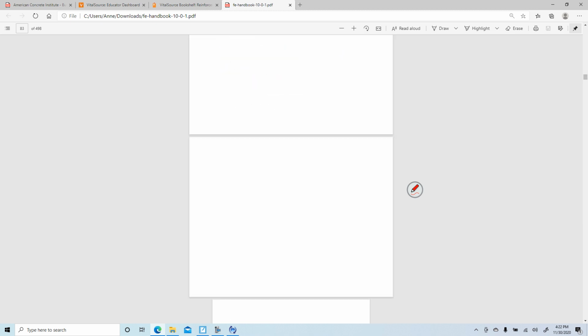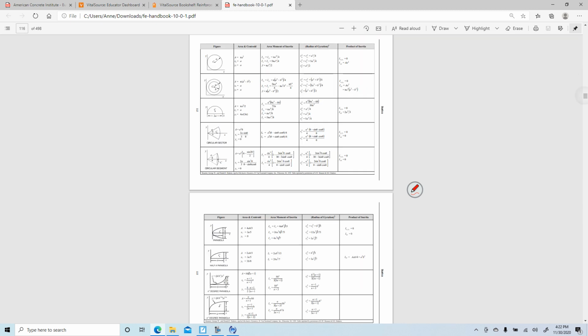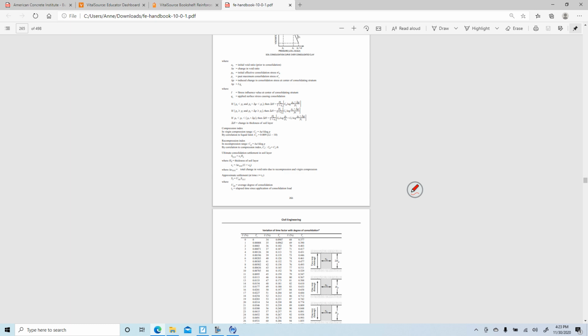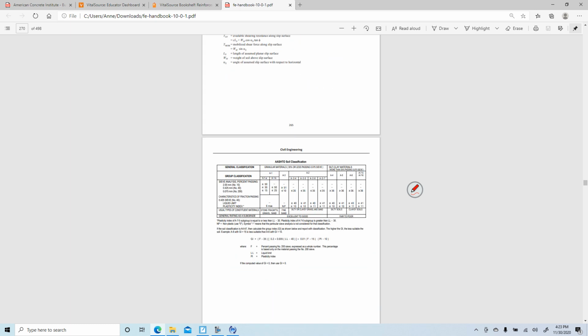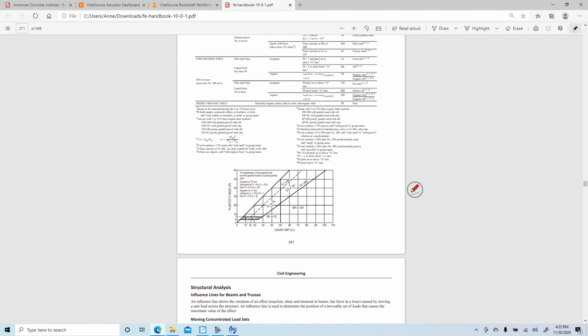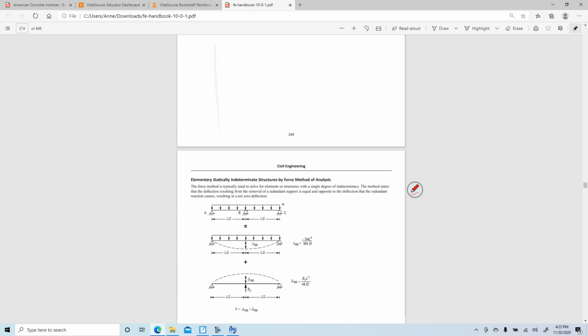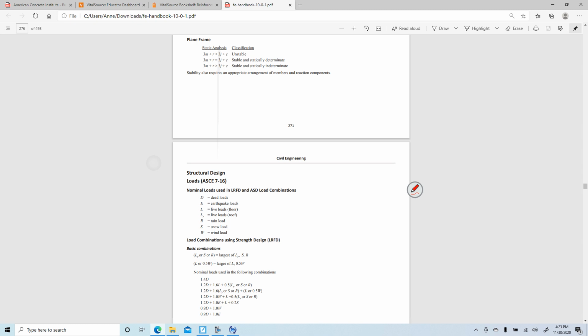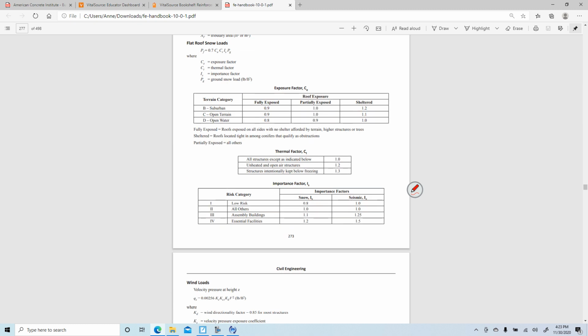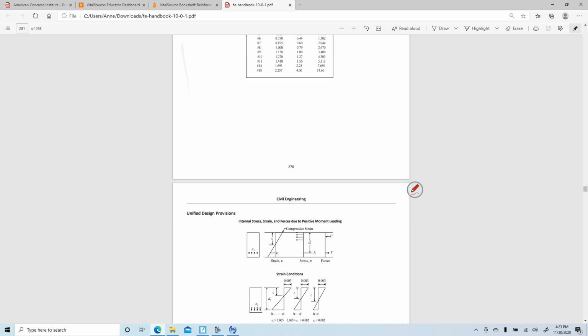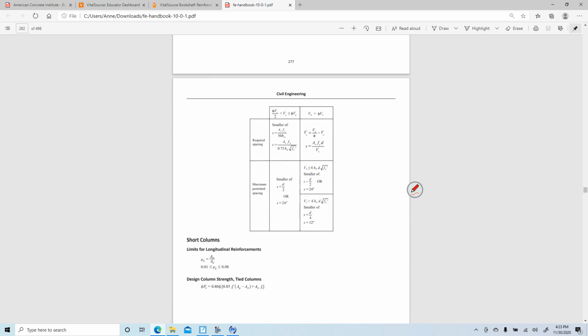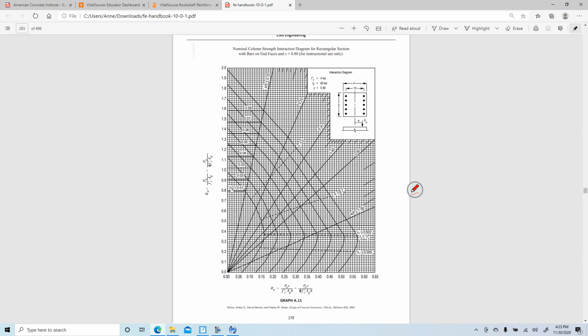You could do Control F or whatever, geotech, structural analysis, structural design. There we go. Here's an interaction column.